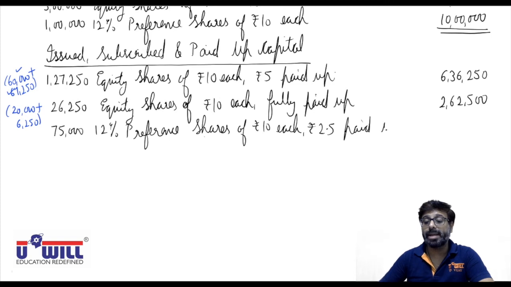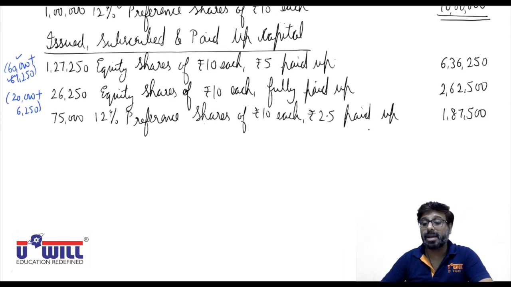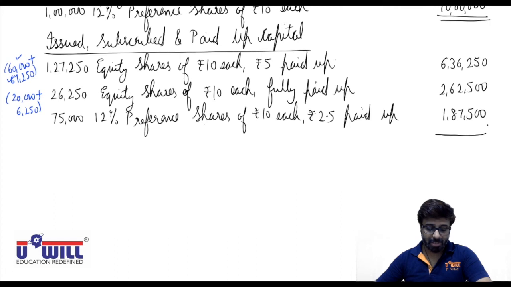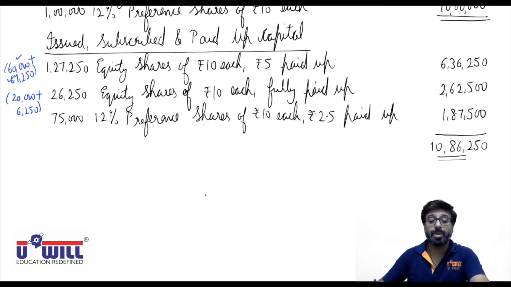So that will come to 187,500. Okay, 75,000 into 2.5. So what does the total share capital come to? 636,250 plus 262,500 plus 187,500, that comes to 1,086,250. Total share capital 10,86,250.